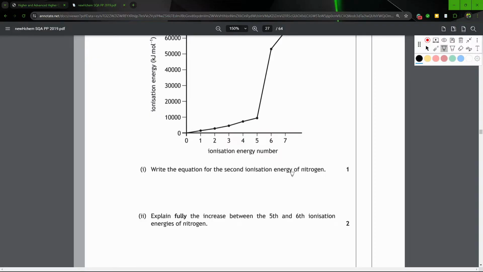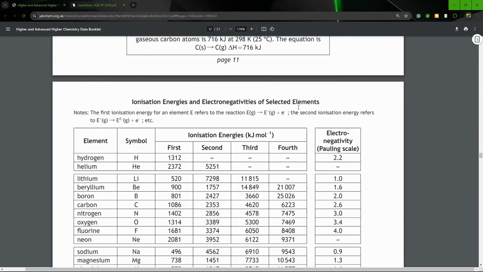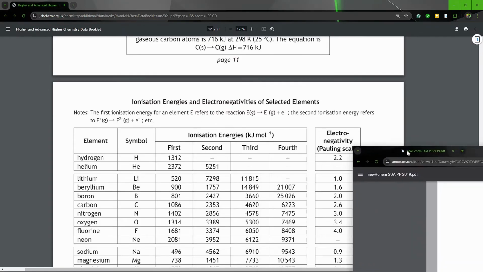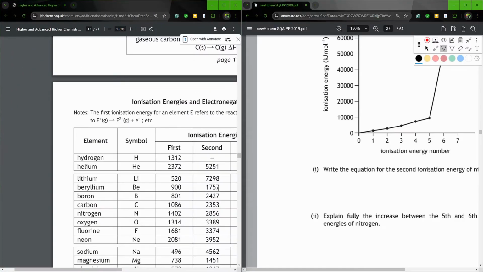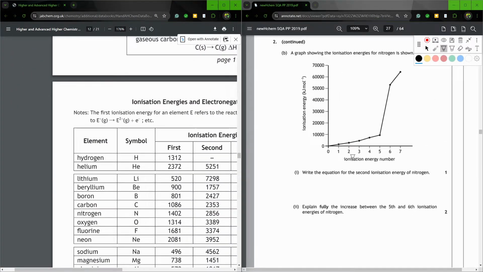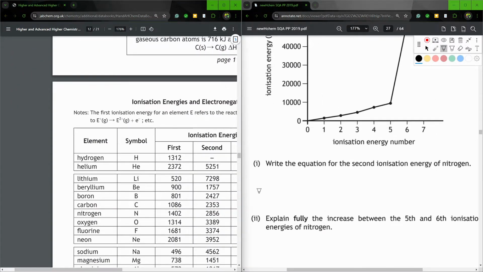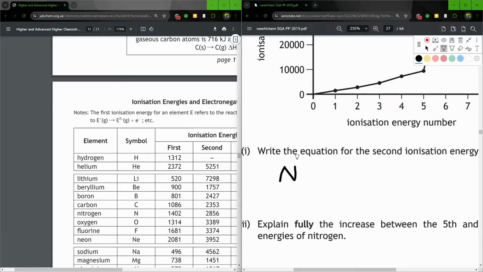It says second ionization energy refers to this equation here. So let's copy this down. All we need to do is replace E with N in this case. So we have N, I'll make it slightly simpler, N plus (g).